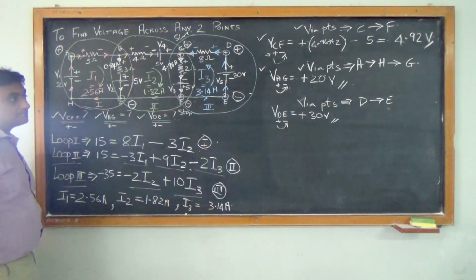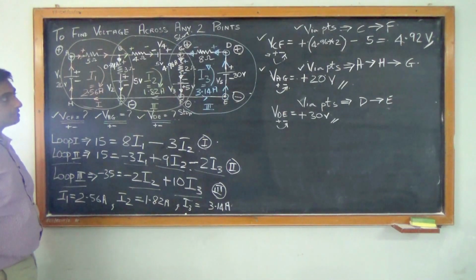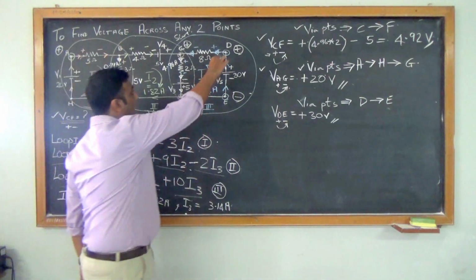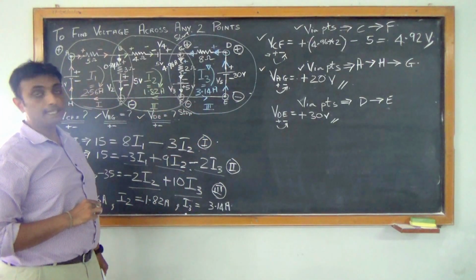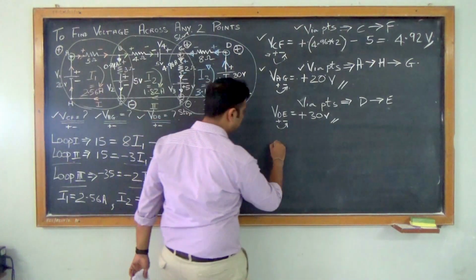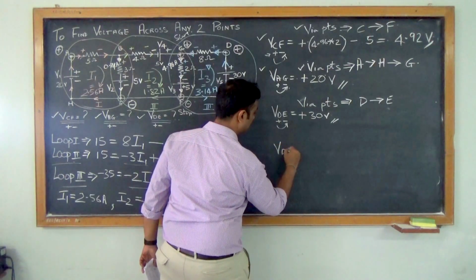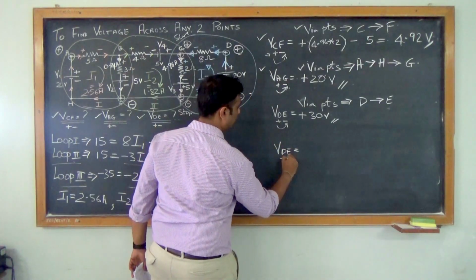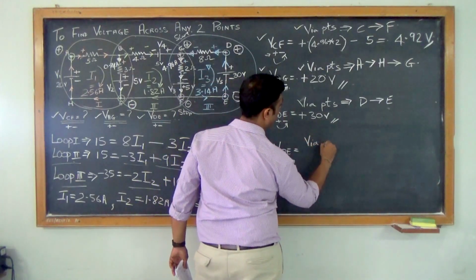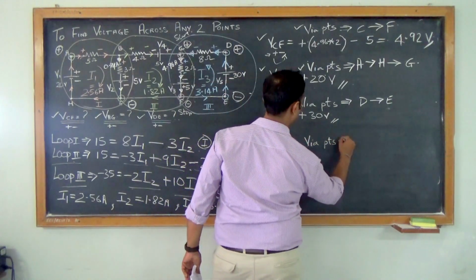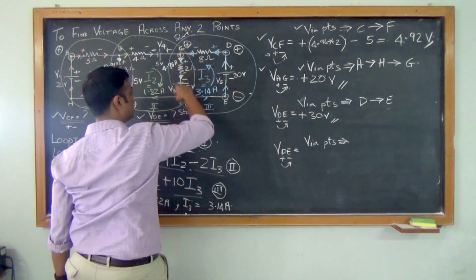Now again I will check the consistency of this technique. Now I have taken across directly points D and E. Now I will take wire points, so I will take basically this loop.